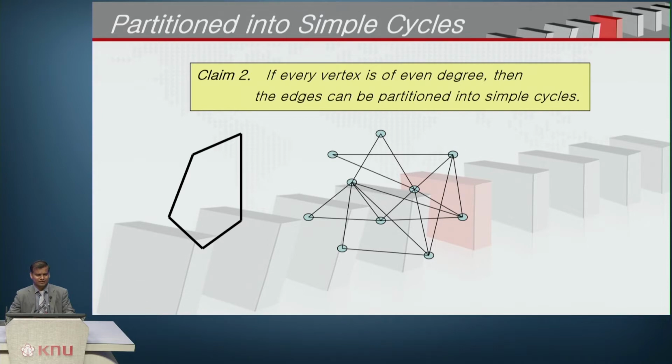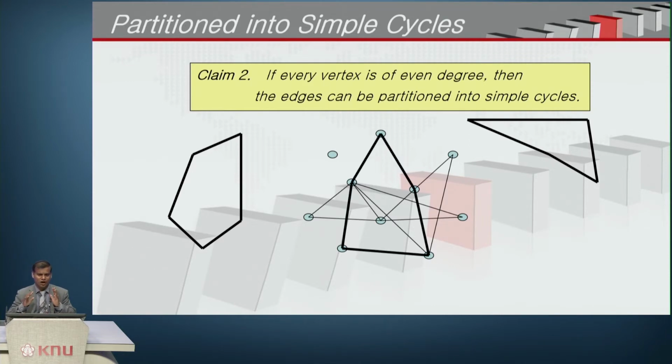Next, do you find any other cycles? Yes, you can see there is another cycle that connects these 4 vertices. Take that out. Now we still have some cycles left. Let's see how these 5 vertices are connected together to form another cycle.